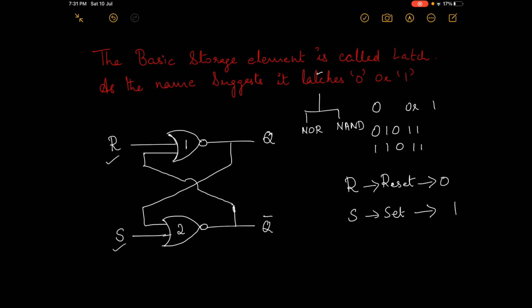Suppose this R and S is connected to another output and that output changes. Then S and R will also change and the stored data will be removed. So this is the disadvantage and we can overcome this by using clock. This will be discussed later.